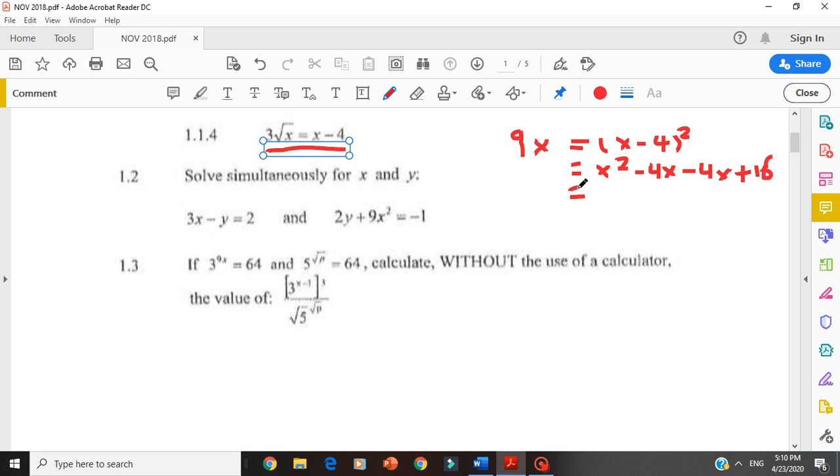This can be simplified to x squared minus 8x plus 16. I'm going to take this 9x across, and it will become minus 9x. So minus 9x plus 16 equals 0.